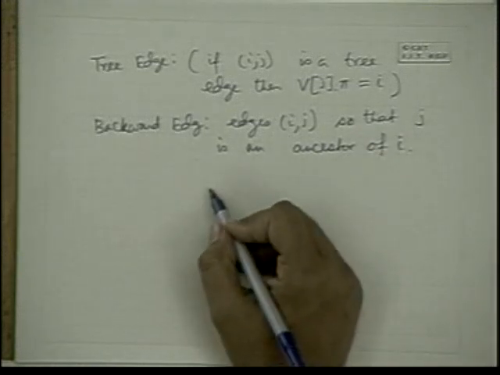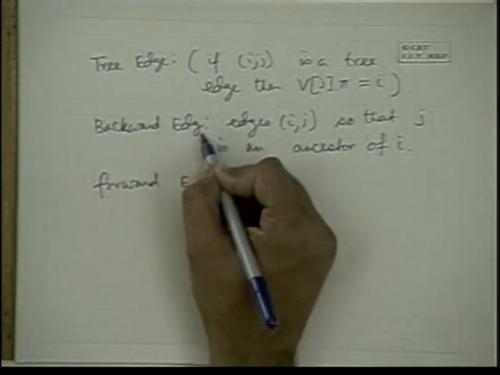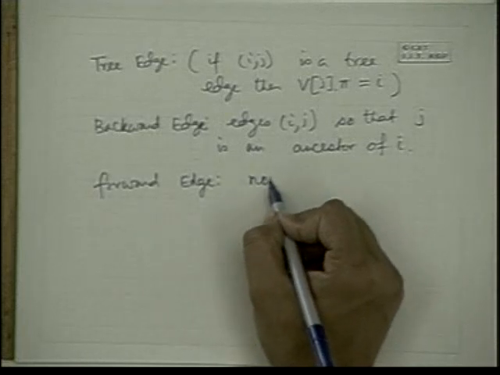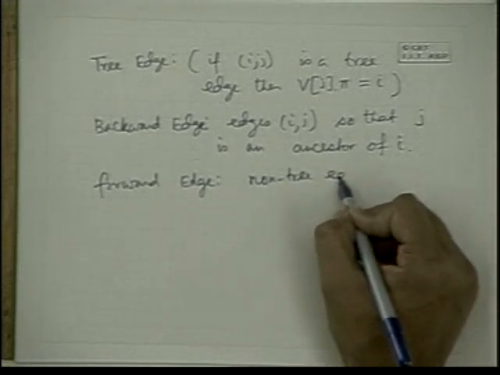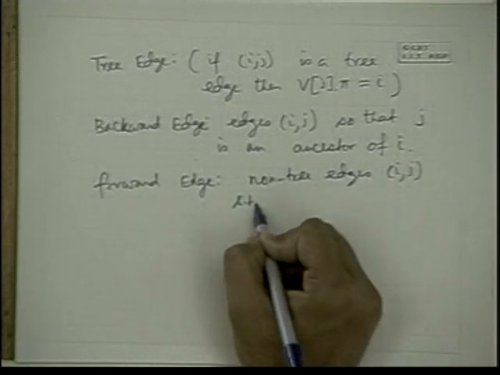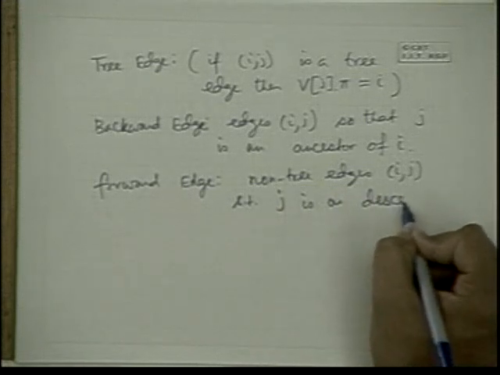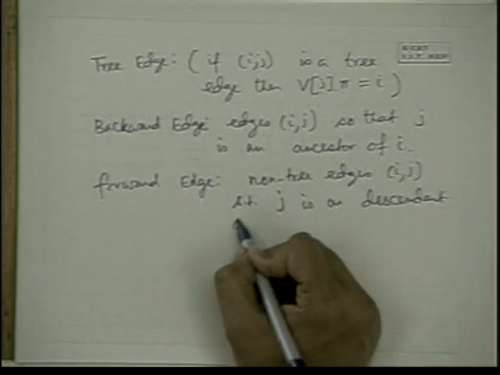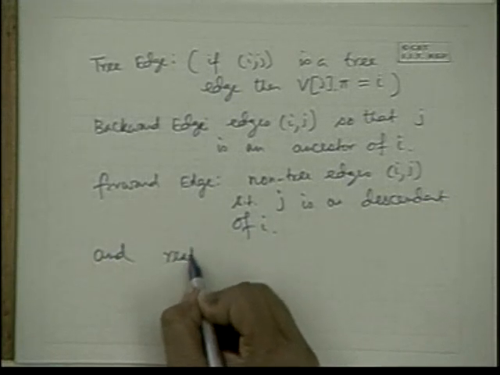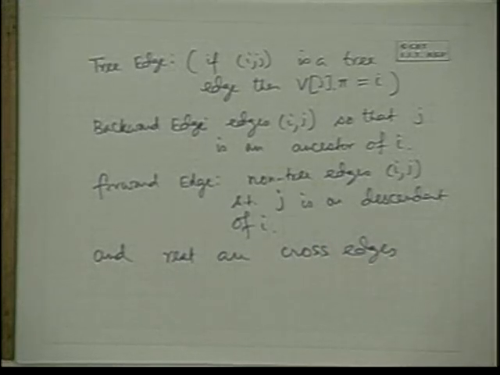And forward edge is a non-tree edge ij such that j is a descendant of i, and the rest are cross edges.